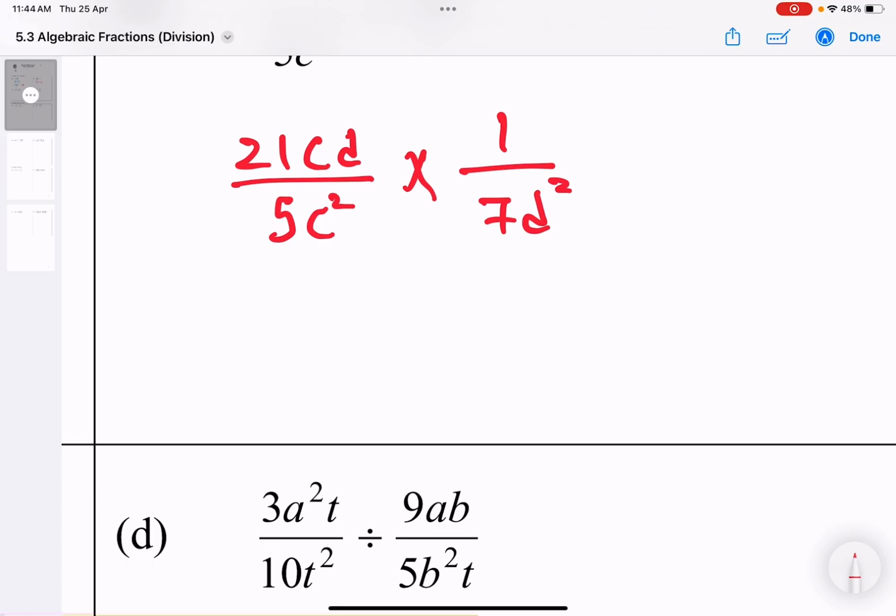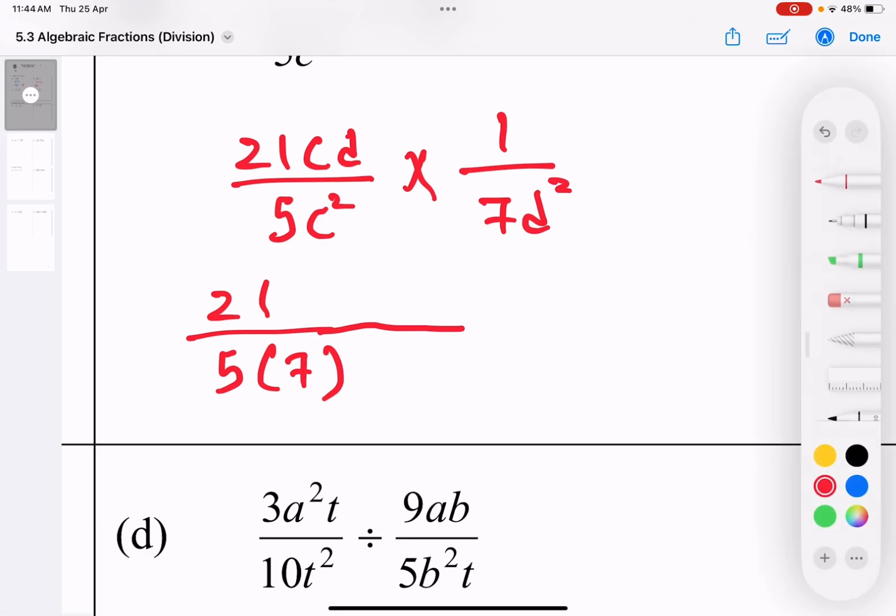This one, I need to group all of the numbers together because I don't see any plus and minus in between. I just group all the numbers together. 21, 5 times 7. After I group the numbers, I can write down the alphabets. C, D. C squared is just C times C. D squared is D times D. So the strategy is very, very clear.